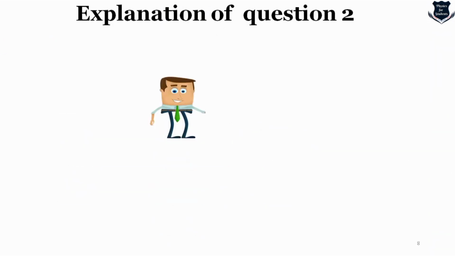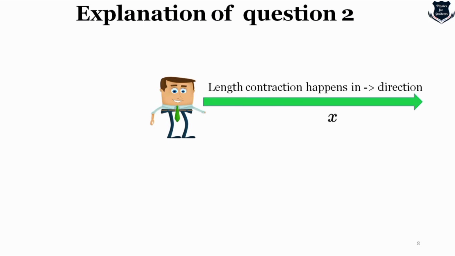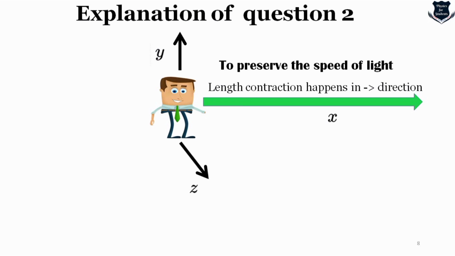First of all, the reason length contraction occurs in the first place is to preserve a constant speed of light in all inertial frames. So if an observer, say this person, is moving in the x direction, then the length contraction happens in the x direction. Why? Because you have no motion in the y or z direction, so to preserve the speed of light no length contraction is needed in the perpendicular directions.